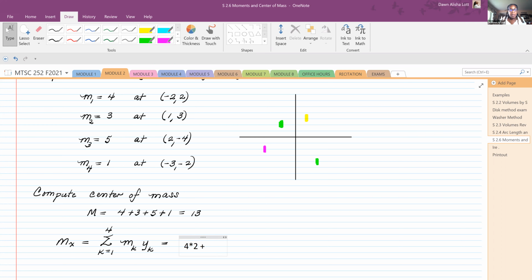Then the second mass is 3, and its y value is 3. Then the third mass is 5, and its y value is -4. And the fourth mass is 1, and its y value is -2. So that comes out to be -2.